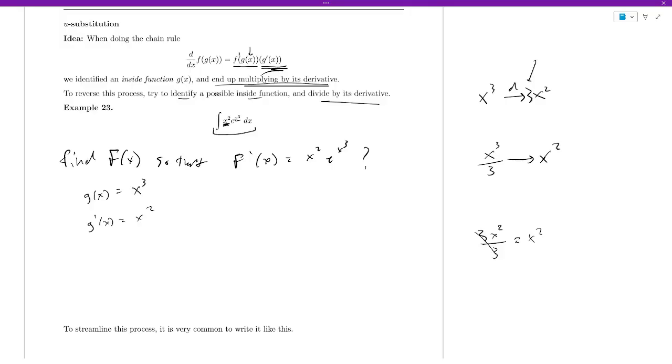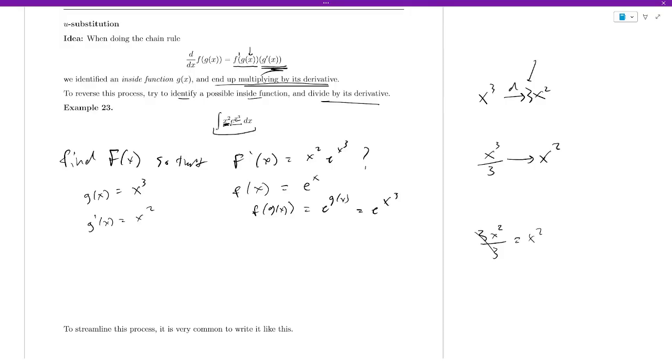So we identify this g prime. We should identify the f also. f of x is probably, well, it has to be the e part, e to the something, and I'm going to put the inside function there. So it's probably e to the x, because then if I do f of g of x, it's e to the g of x, but I just identified g was x cubed.